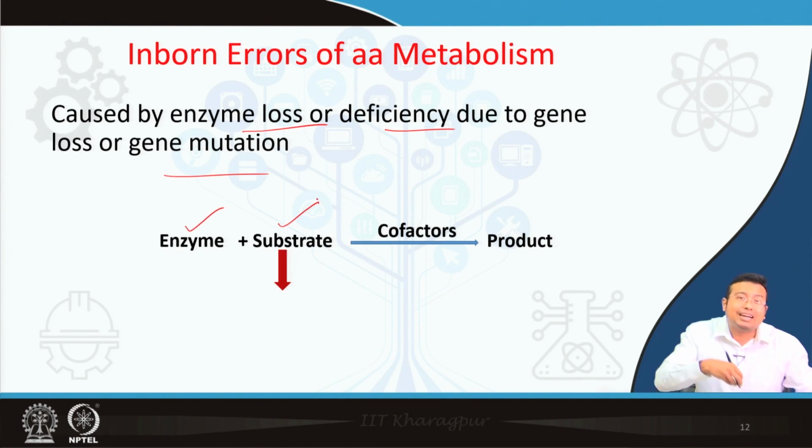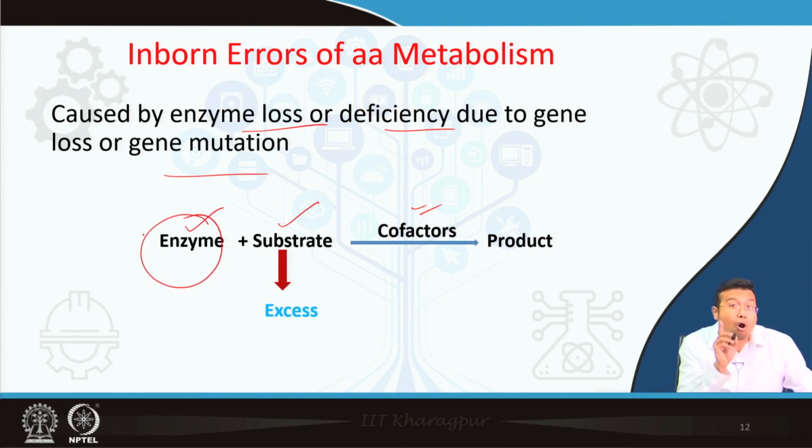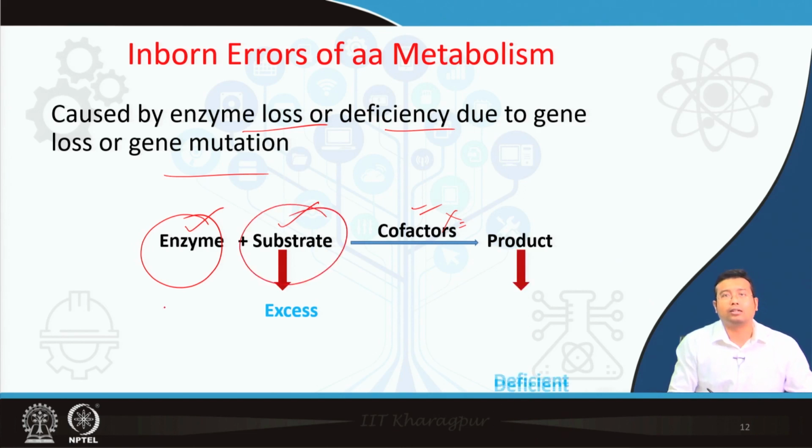Generally the enzyme reacts on substrates in the presence of cofactor and forms product. Whenever the enzyme or in some cases even the coenzymes have a problem, this step will not happen, which will lead to excess accumulation of substrate, and naturally there will be depletion of the product.